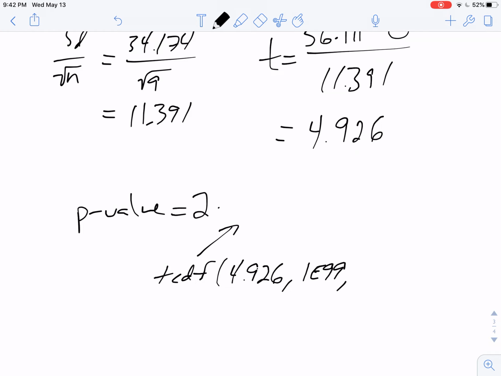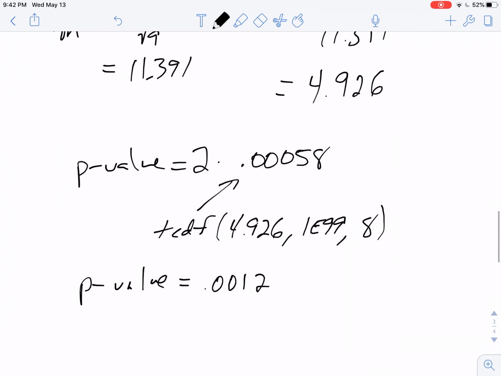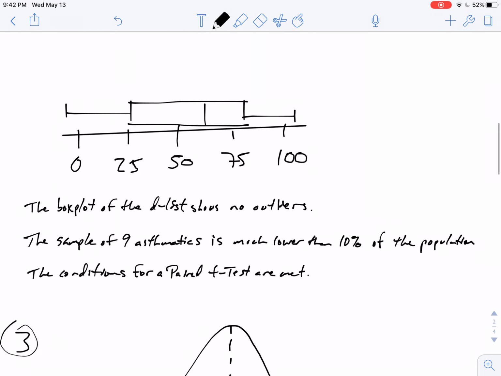And then I have 8 degrees of freedom since I sampled 9 people. If I put that into my calculator, I get 0.00058. Then multiply that number by 2. The p-value is about 0.0012. So pretty small p-value. And then remember, my alpha value was 0.05.